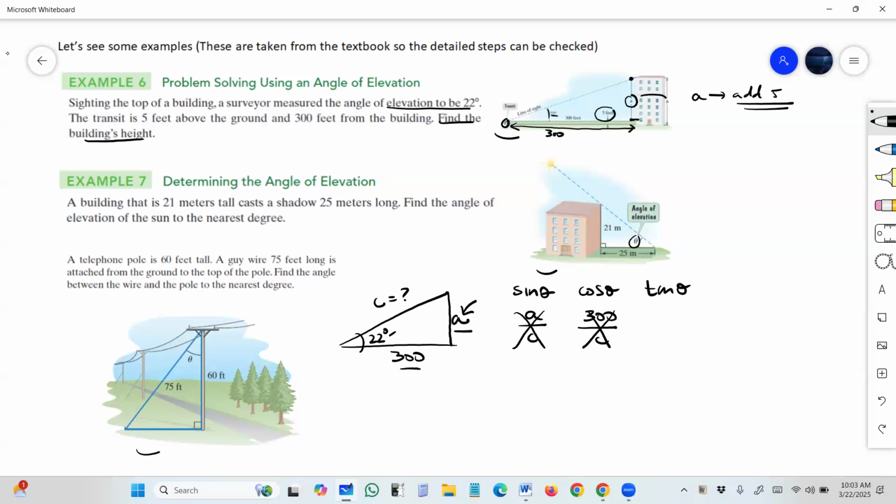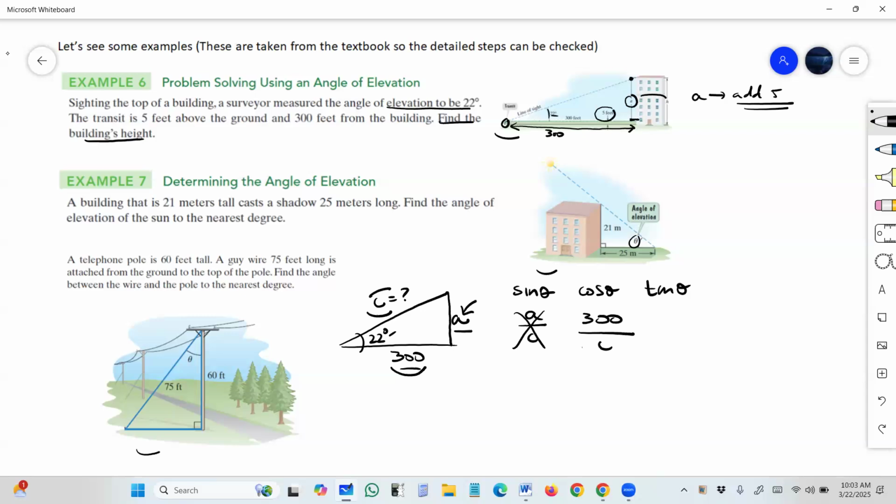Okay, I really don't. I'm sorry. Wait a minute. So cosine is adjacent over hypotenuse. And let's take a look at tangent.